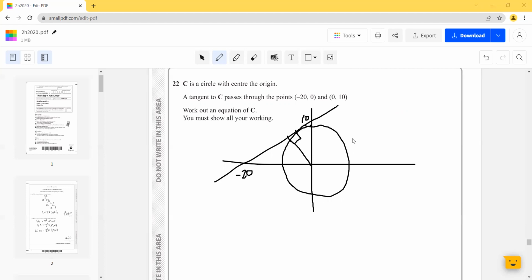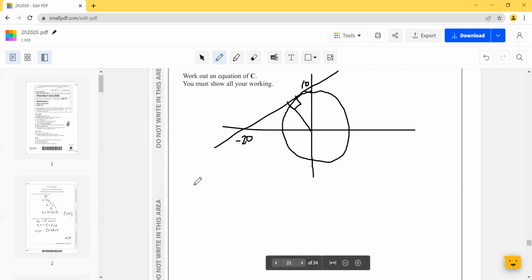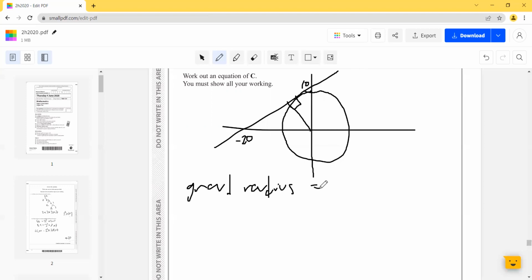What else can I do? Well, we can work out the equation of the tangent easily. The gradient of the radius is the change in y over the change in x, that's 10 over 20, because it's 0 minus -20. So that's a half.